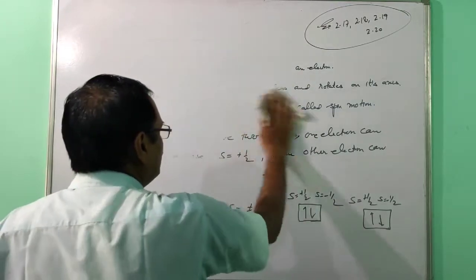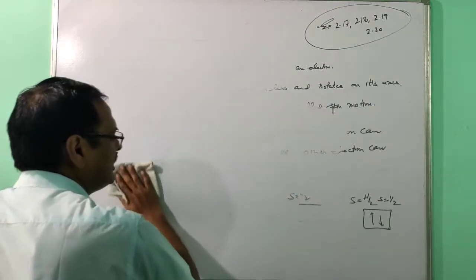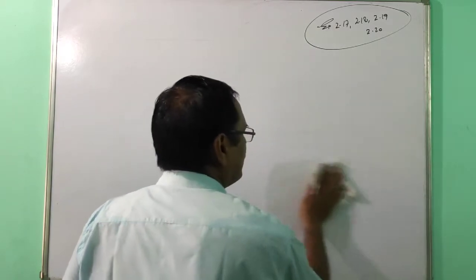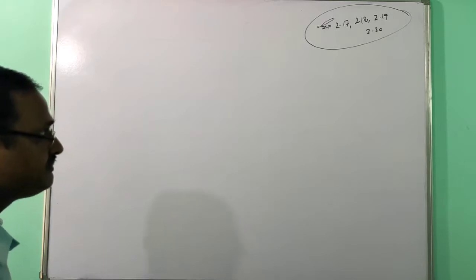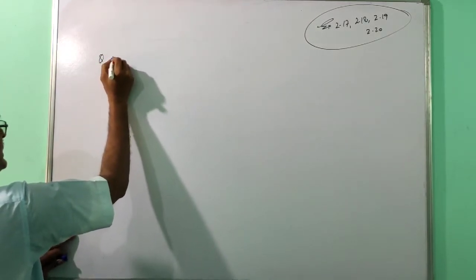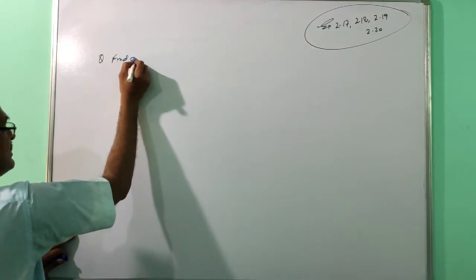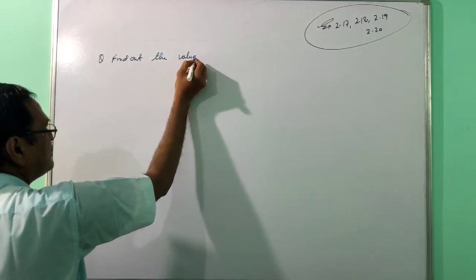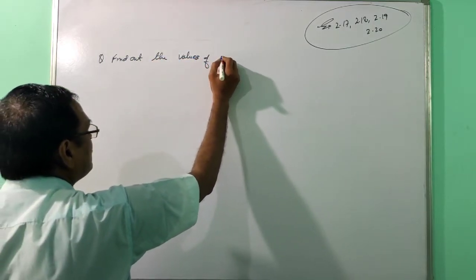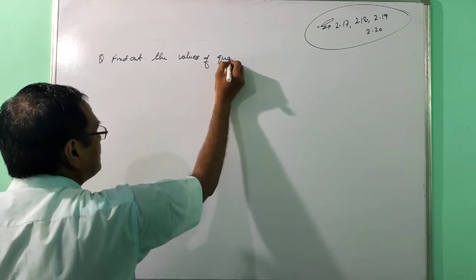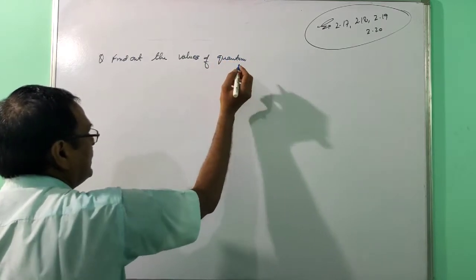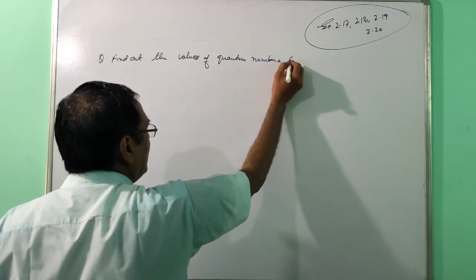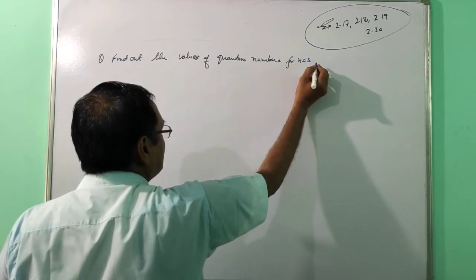Find out all the values of the quantum numbers for n is equal to 3.